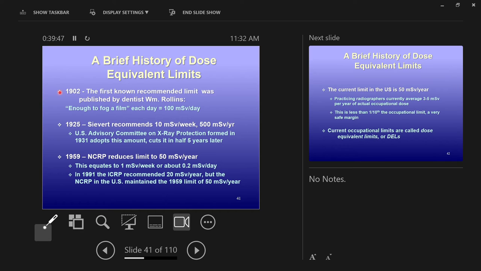So this dentist goes, oh, well, let's limit our exposure to the amount that would fog a piece of photographic film over a day's time. So keep a piece of photographic film near your x-ray machine, and at the end of the day, you process the film, and if that film was kind of foggy, not unexposed, but kind of fogged over, we would go, all right, that was too much for that day.